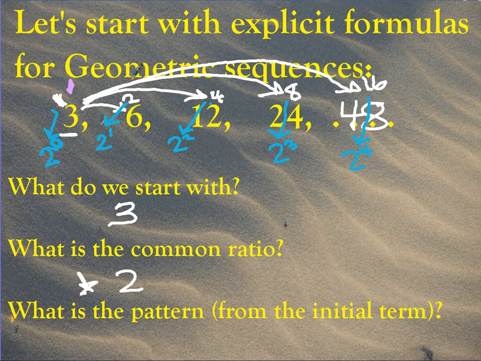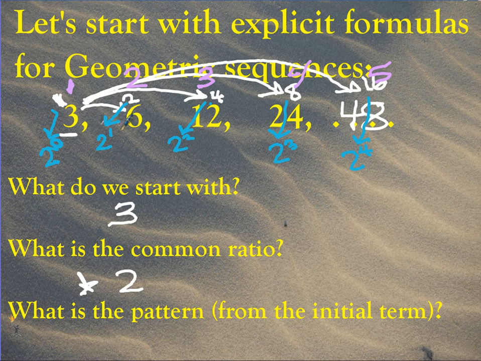To get to my second term, I took my common ratio to a power of 1. The third term came about by multiplying by a common ratio to a power of 2, the fourth term to a power of 3, the fifth term to a power of 4, and so on.